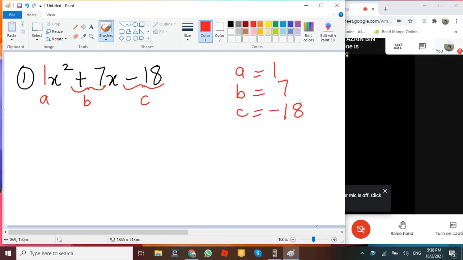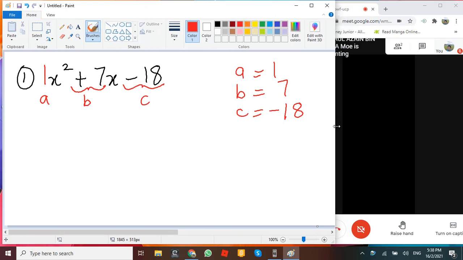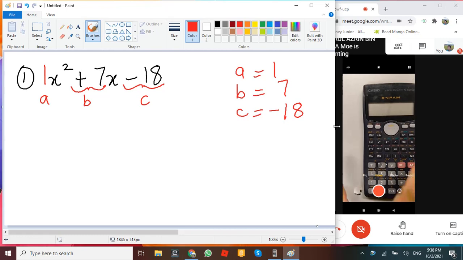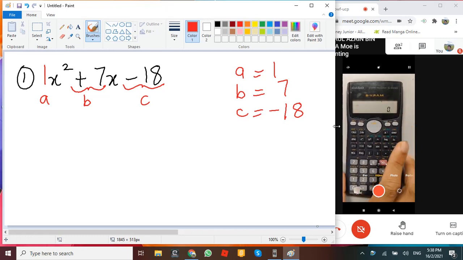Okay, now we go to the calculator. Okay, first I turn on my calculator. Okay, now we press this mode button 3 times. 1, 2, 3.